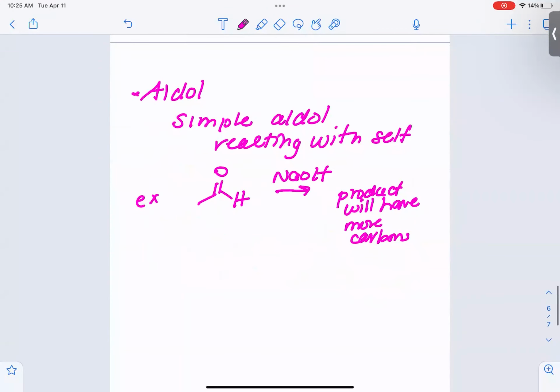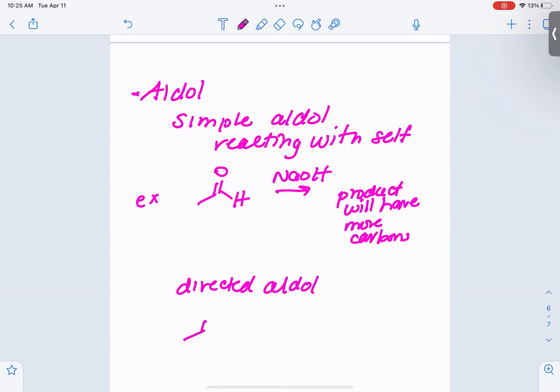You can have your crossed aldol. No, sorry, we did directed first, I think. The directed aldol reaction, that's where you have an excess.